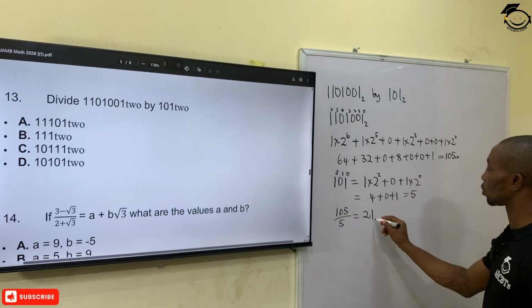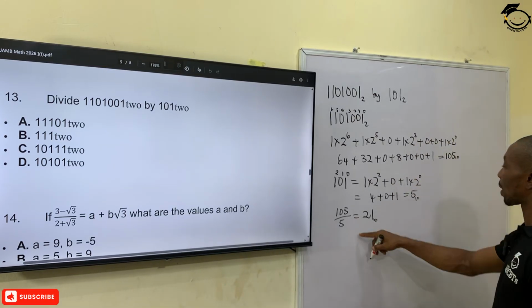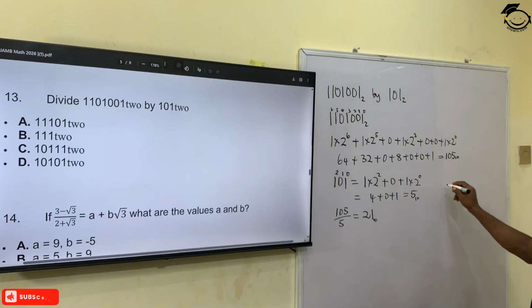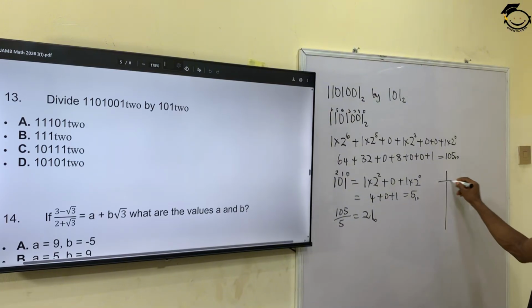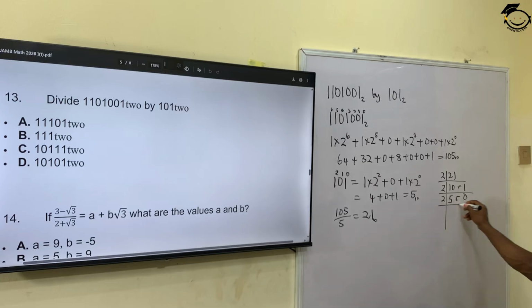Now, converting 21 back to base 2, we use the division method. 2 into 21 gives us 10, remainder 1. 2 into 10 gives us 5, remainder 0. 2 into 5 gives us 2, remainder 1. 2 into 2 gives us 1, remainder 0.